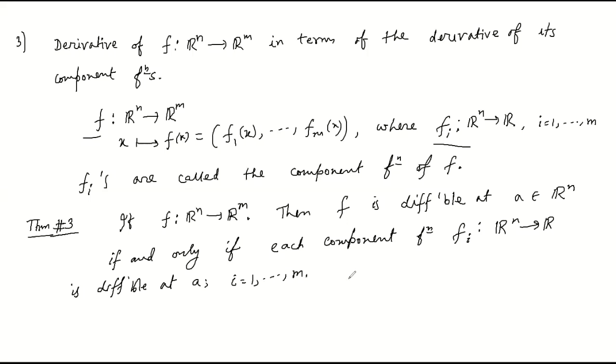And furthermore, we express the derivative of f in terms of the derivatives of the component functions. So furthermore, the derivative of f, df at the point a, is equal to df1, the derivative of the first component function at a, comma, which is linear from Rn to R. So this is the first component.